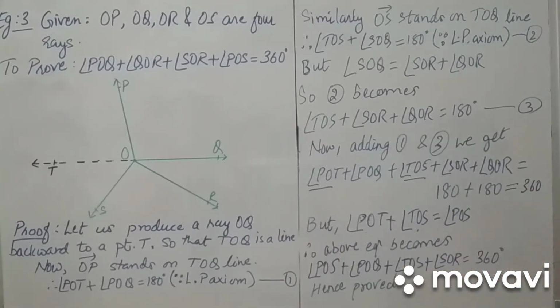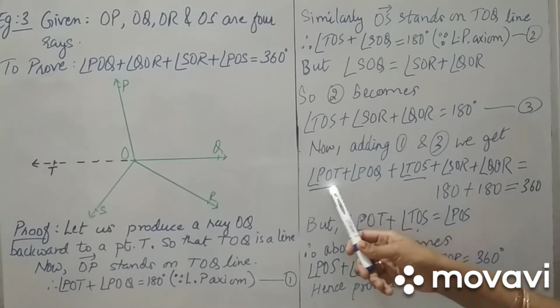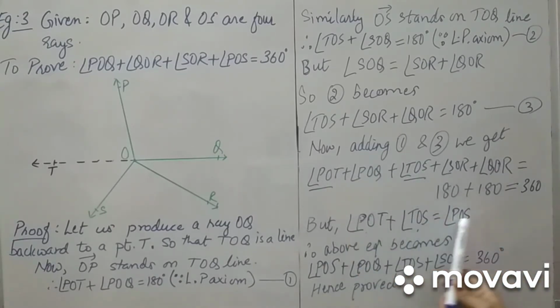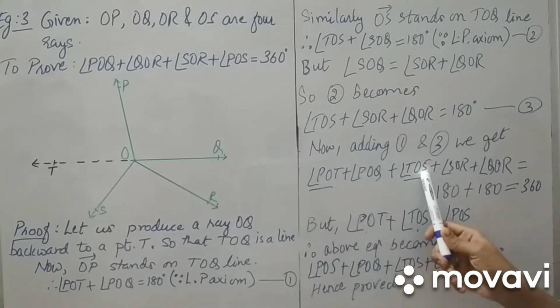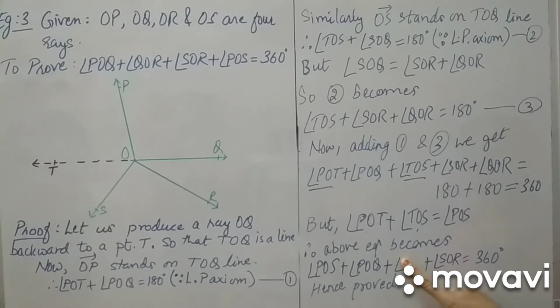Therefore, the above equation becomes: instead of these 2 underlined angles, I write POS plus angle POQ plus angle SOR plus angle QOR is equal to 360.